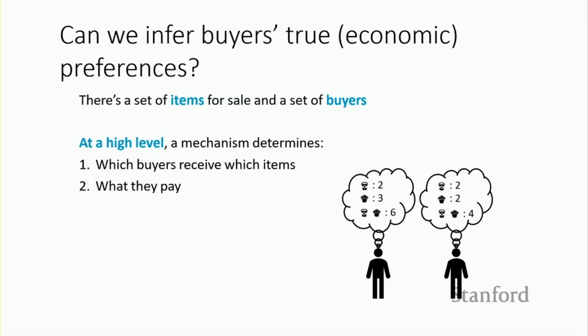Okay, so this is the framing, this is the setting. There are a bunch of things you could do. There's a very obvious standard thing that you could do to decide what the mechanism has to do, which is which buyers receive items and what they pay.